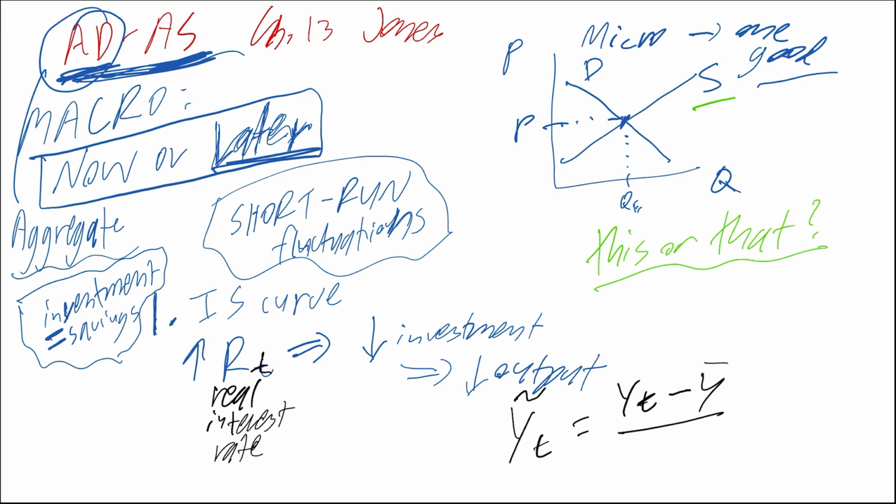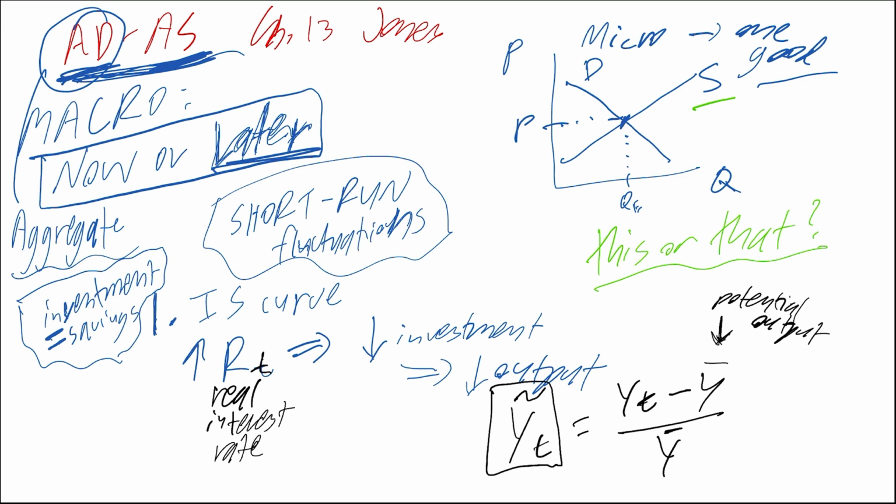Subtract this, which is our potential level of output. That's how much we can sustainably produce in the long run as an overall economy based on how much labor, human capital, and technology we have. And so really this variable here is percentage deviations in output from our potential output.